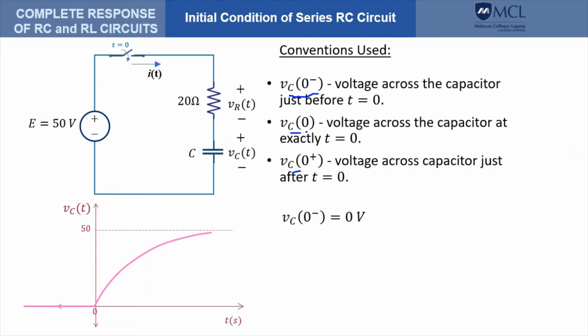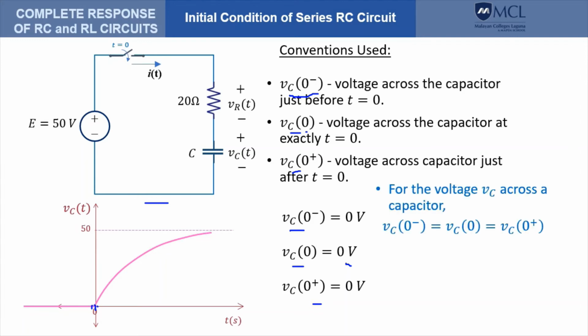Hence, for this particular circuit, the voltage V sub C just before t equals 0 equals 0 volts because there's no current yet. At exactly t equals 0, V sub C equals 0 volts. So it's still 0 because the voltage cannot change abruptly. And just after t equals 0, it is still 0. So there are three points here: before t equals 0, exactly t equals 0, and just after.